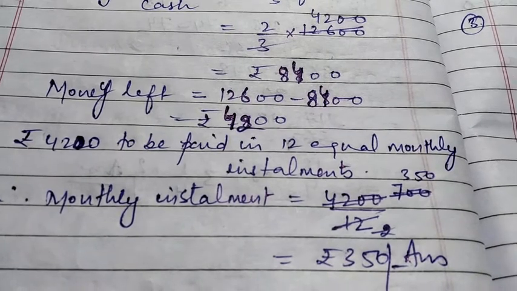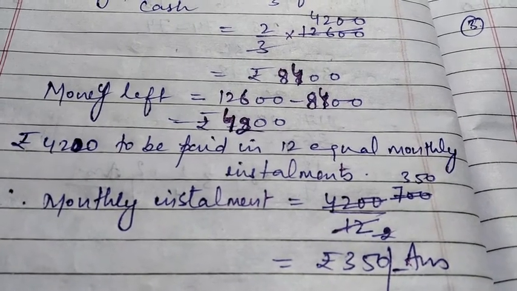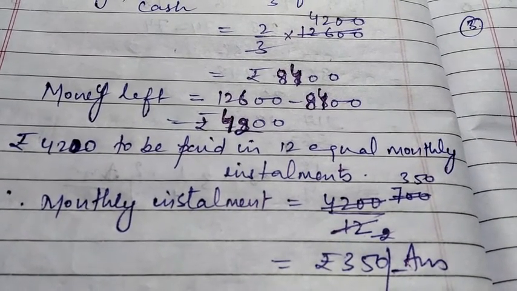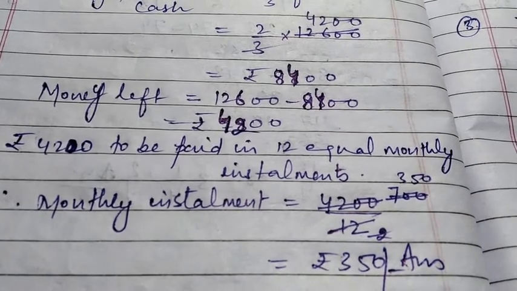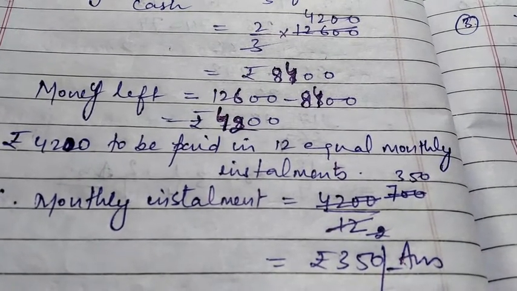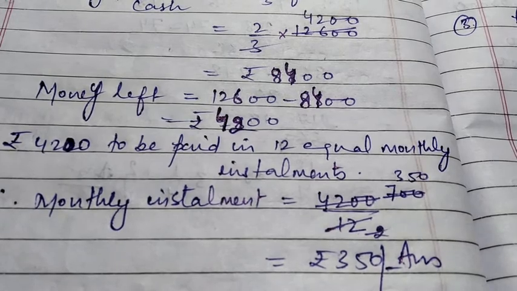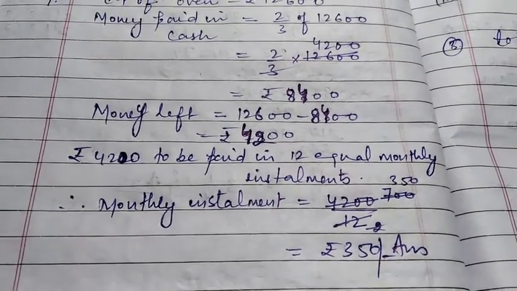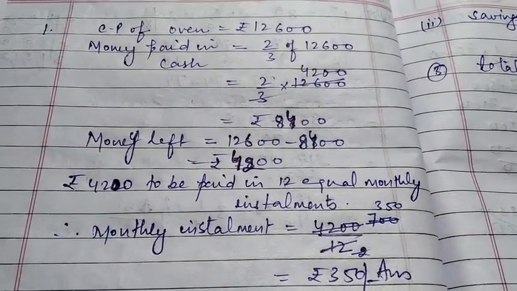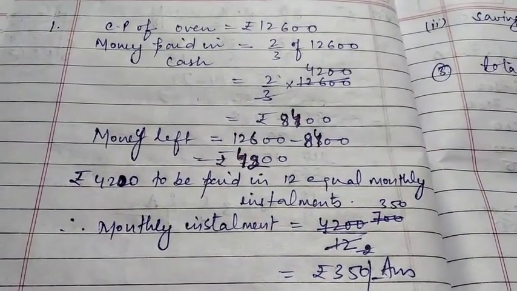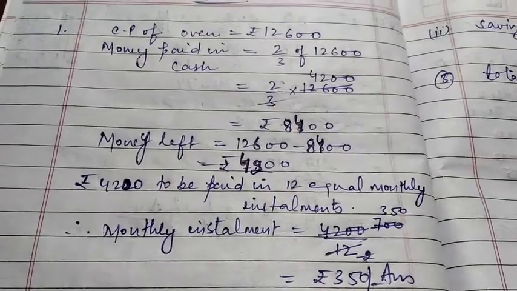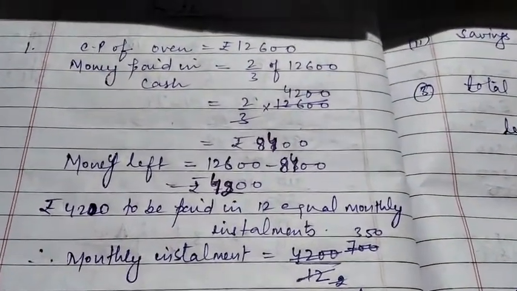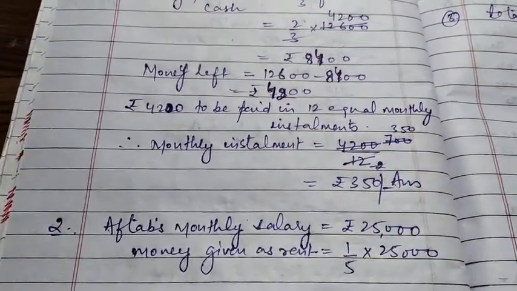So the remaining amount you have to divide by 12. So you will get how much money Rajesh has to pay in 1 month. So 350 is the answer which Rajesh has to pay in 1 month. If he pays this 350 every month for 12 months, his remaining money, which is 4,200, will be cleared. Okay, I hope it is clear.